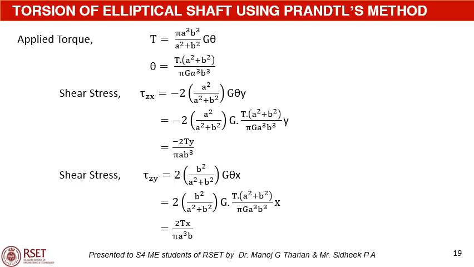And the shear stress component tau zy = 2b²/(a² + b²) Gθ x. Substituting for theta, we get 2b²/(a² + b²) G T (a² + b²)/(π G a³b³) x, which is equal to 2Tx/(πa³b).